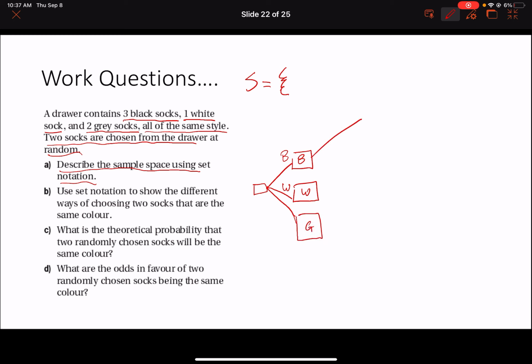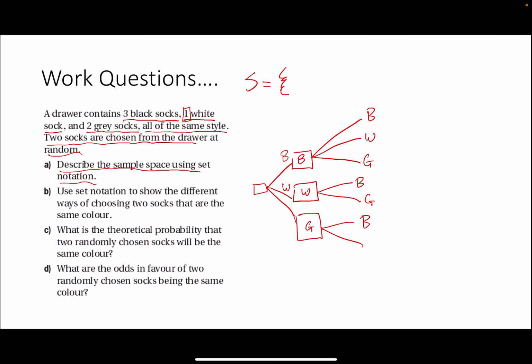Now, if I pick black, what can I pick next? Well, I can pick black, or I can pick white, or I can pick gray, right? Because there's 3 black socks. If I pick white, well, there's only 1 white sock, so I can only pick black or gray. Now, if I pick a gray sock, I can pick a black sock again, I can pick a white sock, or I can pick a gray sock.